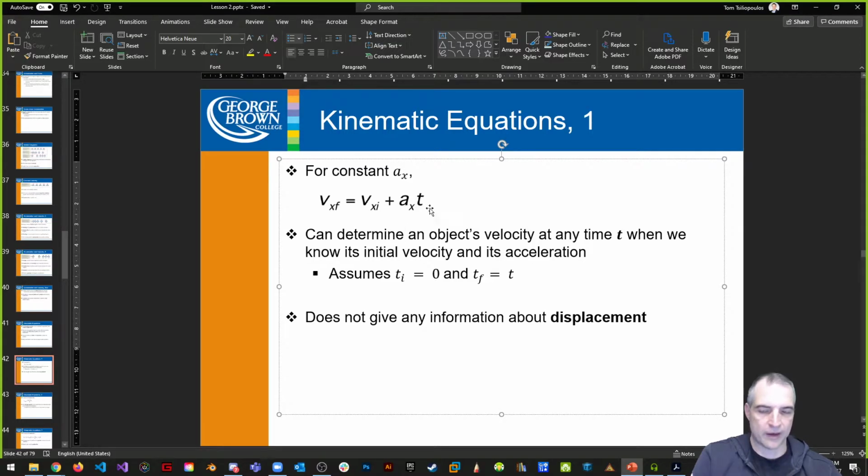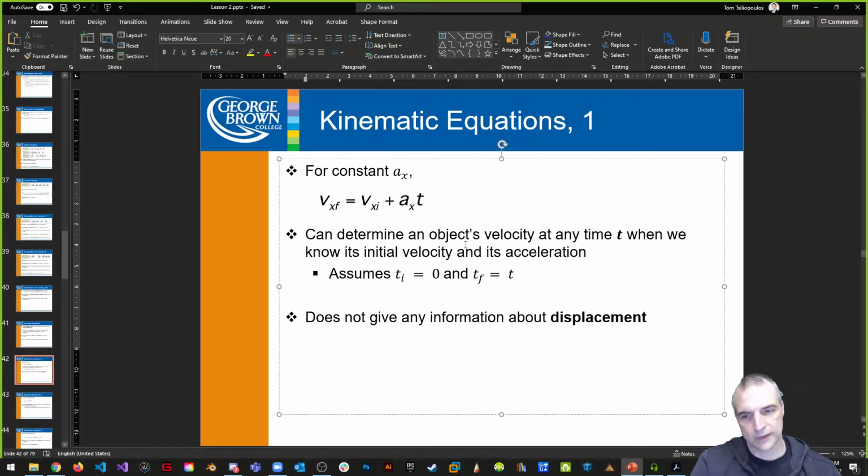A good example: let's look at time as 5 frames, and my acceleration across the x-axis is 5 units per frame. 5 times 5 is 25 units that I'm adding into my initial velocity. If my initial velocity was 10 units, I take 25, add 10 to it, and I have 35 units as my final velocity, right? So I can say that I'm accelerating. This assumes that the initial time is 0 and the final time is time t.